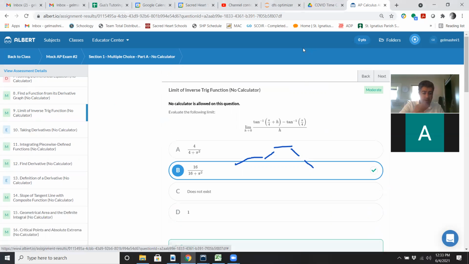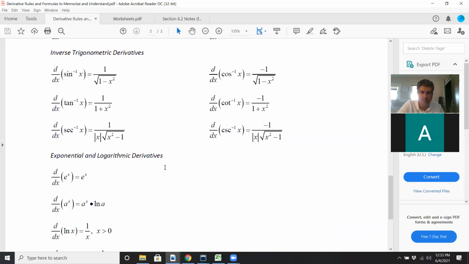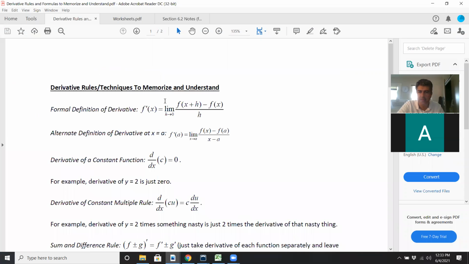So this here, you want to recognize the formal definition of the derivative, which is the limit definition. So remember, that's the limit definition. F of x is right here.